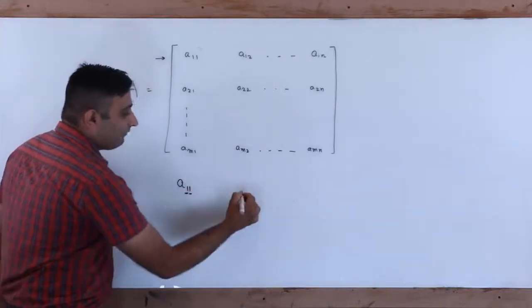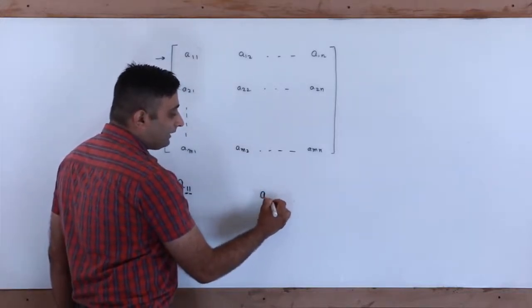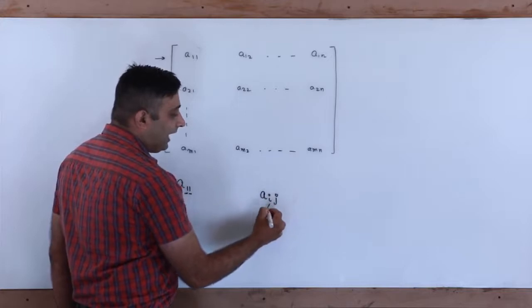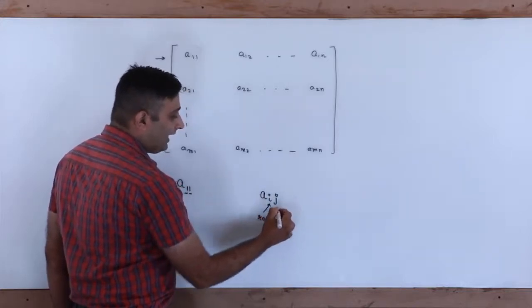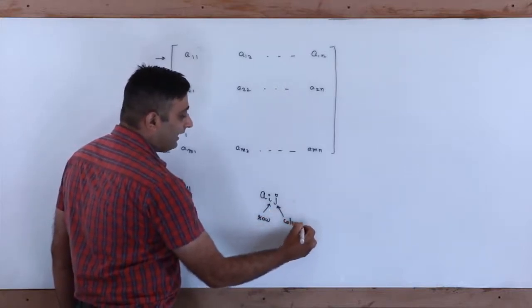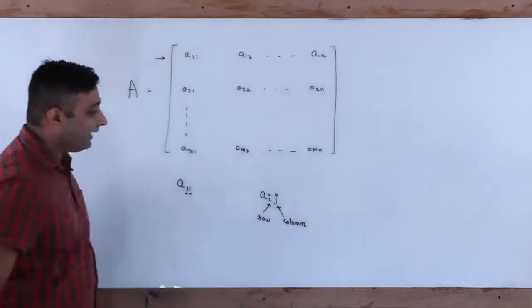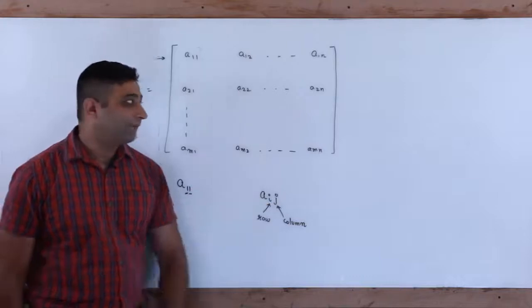That means we can represent the general element by Aij, where i reflects the number of its row and j reflects the number of its column. That means any element can be represented by the general symbol Aij.